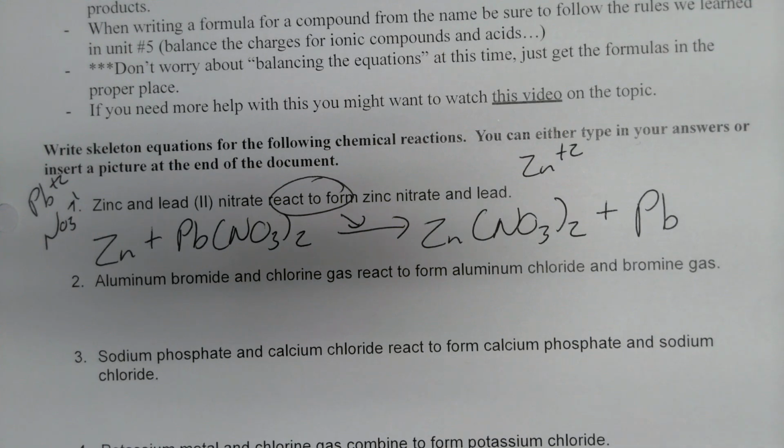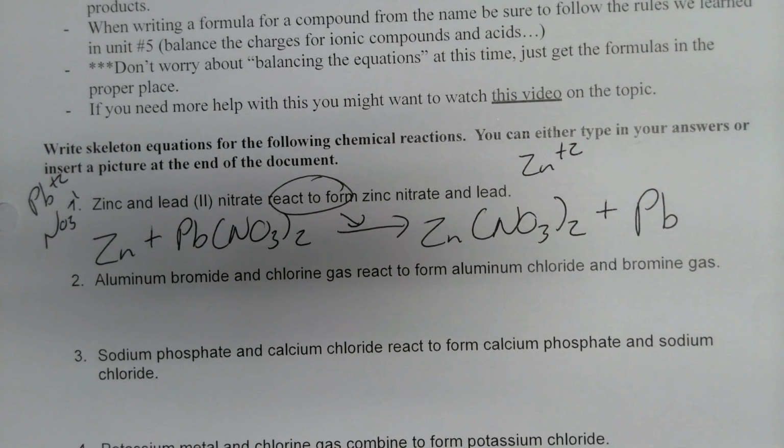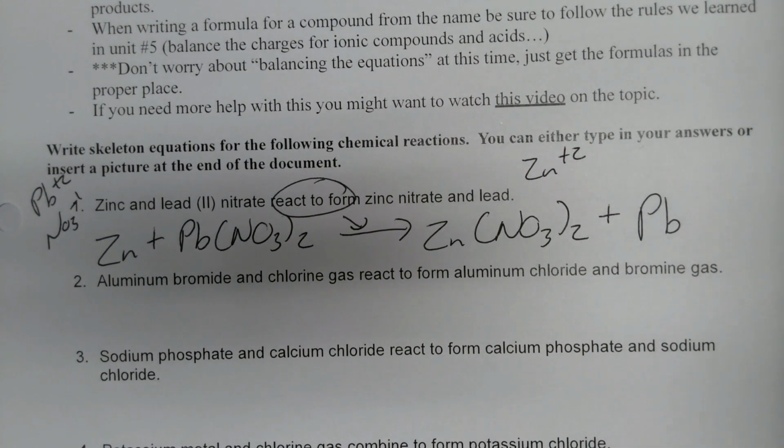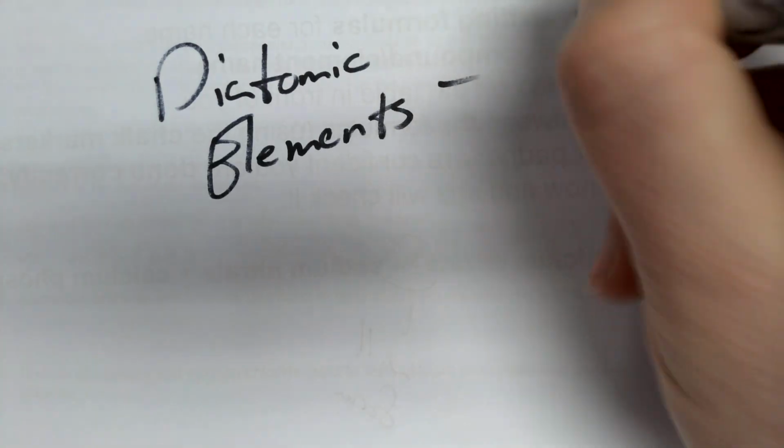One thing I do want to remind you guys of, because I look at question number 2, I look at chlorine gas and bromine gas. Now, normally when I'm dealing with a gas, I'm dealing with just that compound. But we have to remember, we have several diatomic elements. These mean I do not find them by themselves.